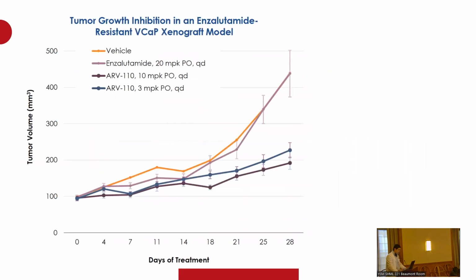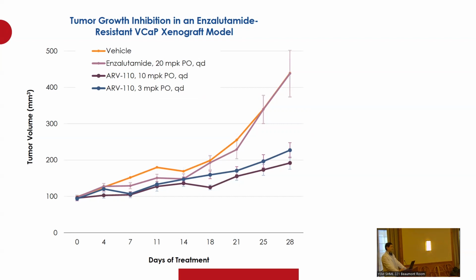On top of that, in a murine xenograft tumor model, where the tumor is an enzalutamide-resistant VCaP cell tumor, the mice that were fed ARV-110 at 10 milligram per kilogram PO QD had tumor inhibitory effect up to 80% when compared to the vehicle and enzalutamide-fed mice.